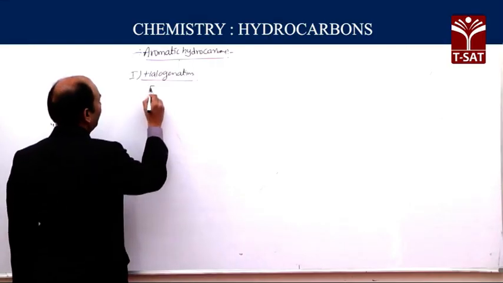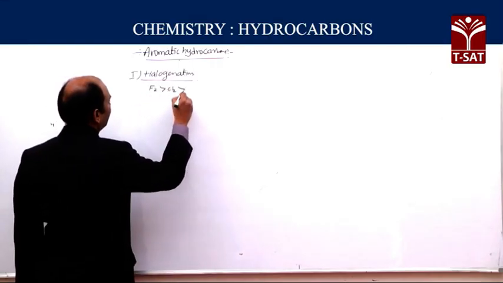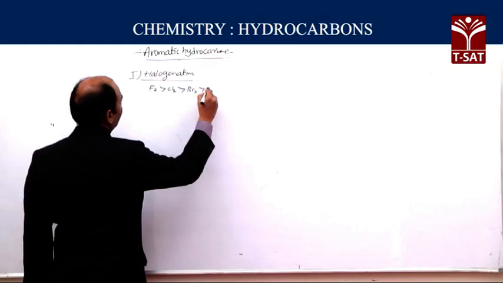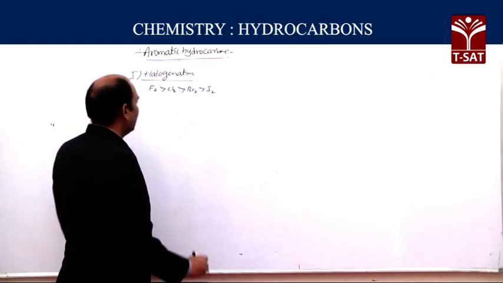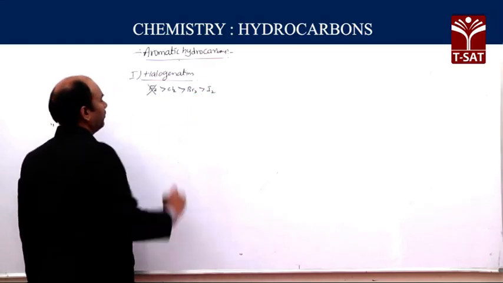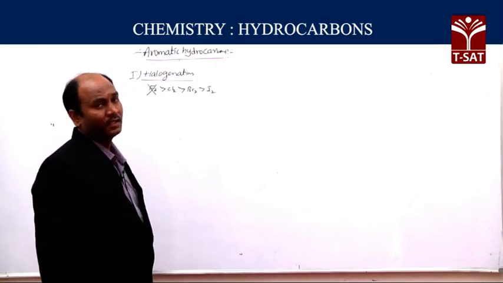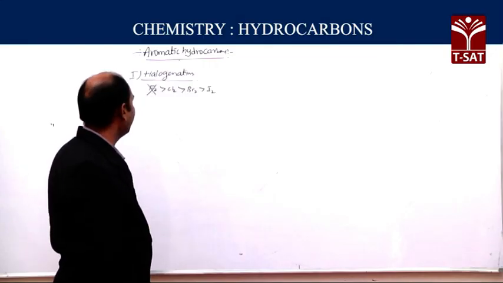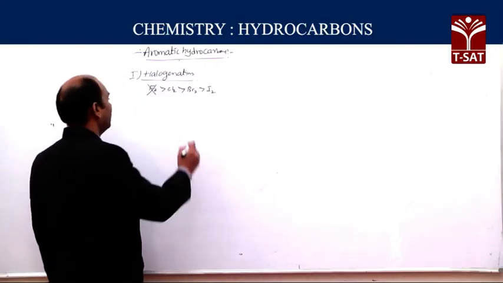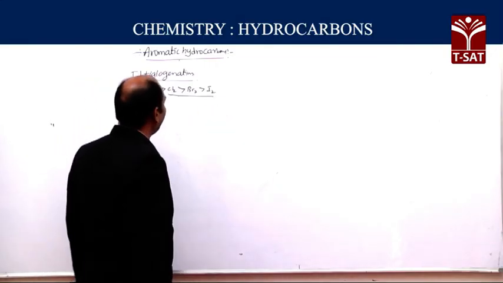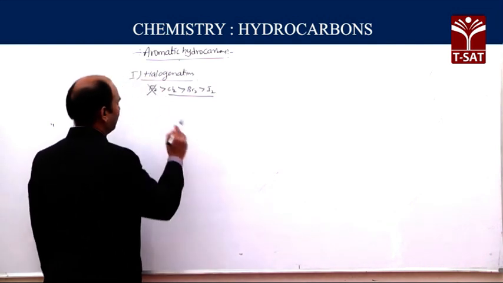Here fluorine is more reactive than chlorine, chlorine is more reactive than bromine, bromine is more reactive than iodine. We are not considering fluorination. Why? Because fluorine is highly reactive and polyfluorination takes place. Therefore an explosive reaction takes place. Now we are going to discuss chlorination, bromination and iodination.